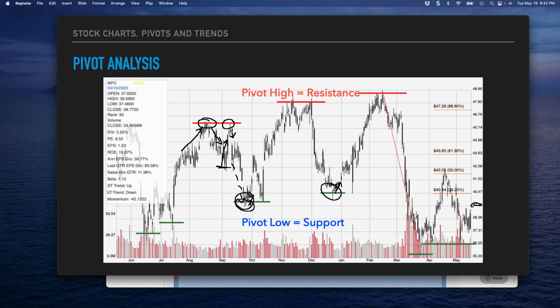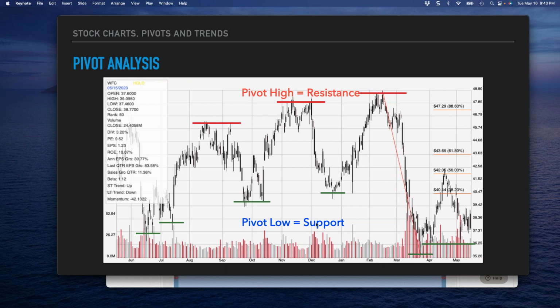Understanding where these are and being able to identify them will help you start to identify where some of these future levels may be. The stock right now is hovering here somewhere between $38 and $39 based on the price action we can see at the end of the chart.